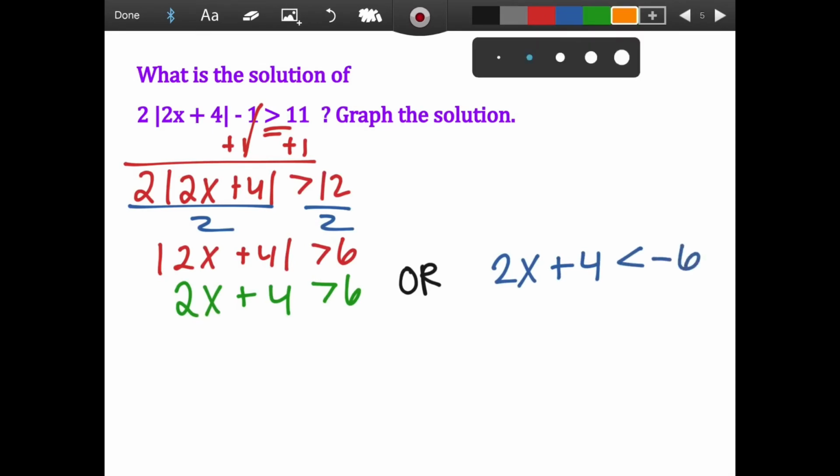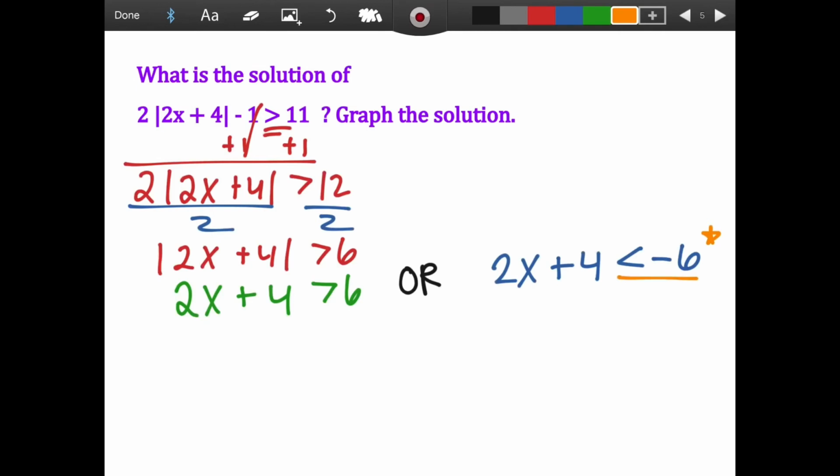So the two important changes that happen in this inequality are that you flip the symbol and you flip the sign of your solution. So anytime you change from a positive to a negative, you have to flip your inequality symbol. So because we go from positive 6 to negative 6, our symbol goes from greater than to less than.